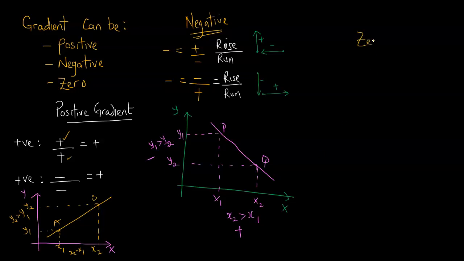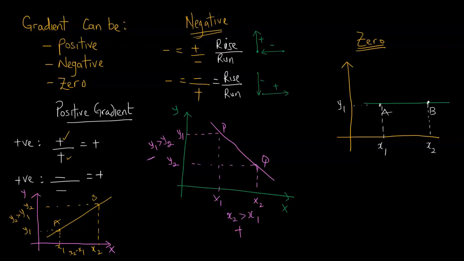And finally, a line is going to have a zero gradient if it's strictly horizontal. So if it looks like this, and this makes sense because if I pick an arbitrary pair of points A, B and trace to the x-axis, this is x1, to the y-axis, this is y1. If I trace it as point B, this is x2, and I would see that y2 matches y1.